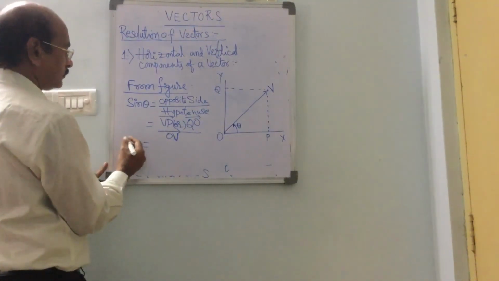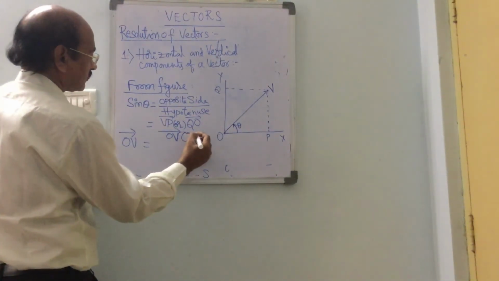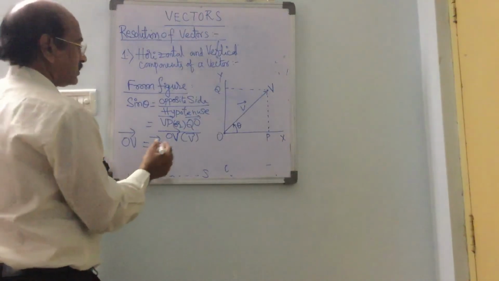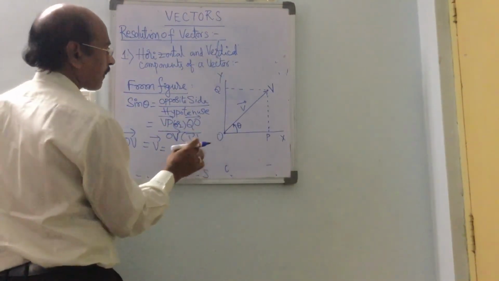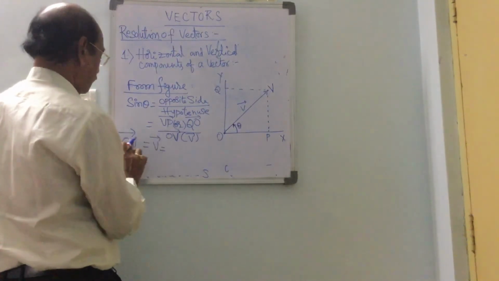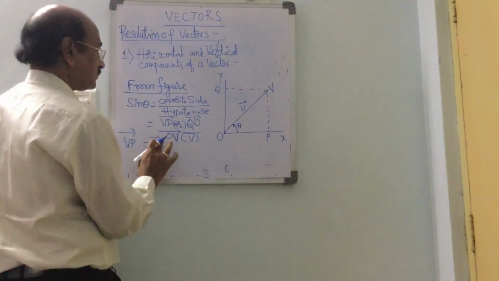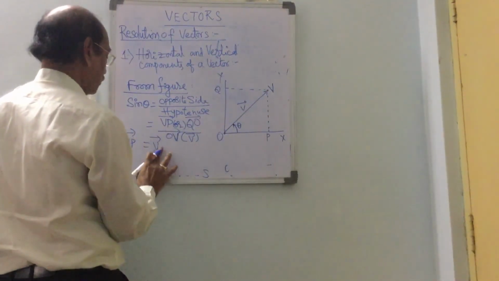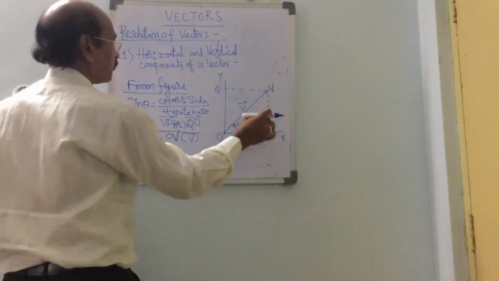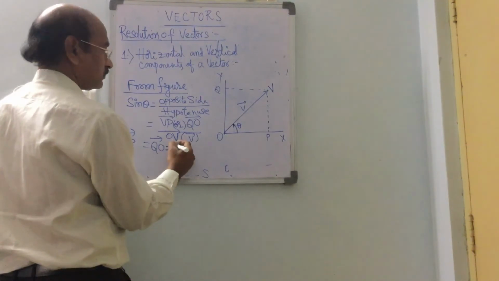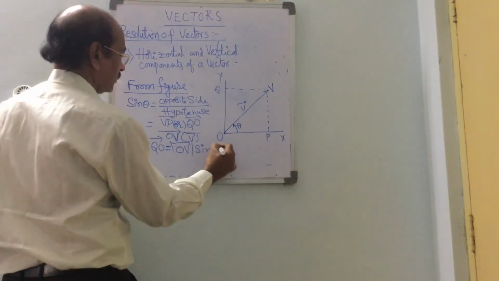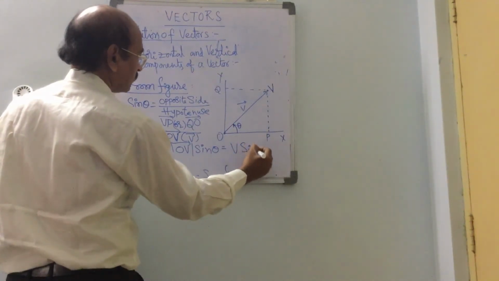So VP bar is equal to QO bar, this is vertical component, OV bar into sin theta, that is equal to V sin theta simply.